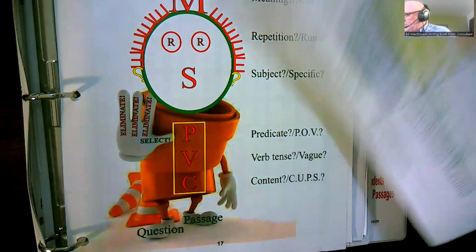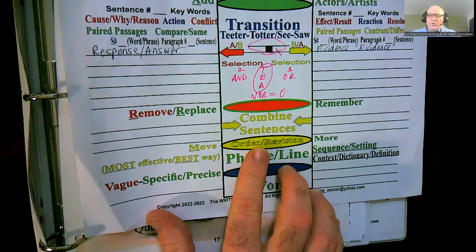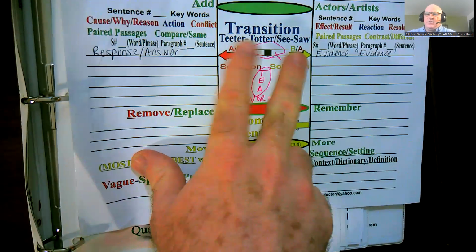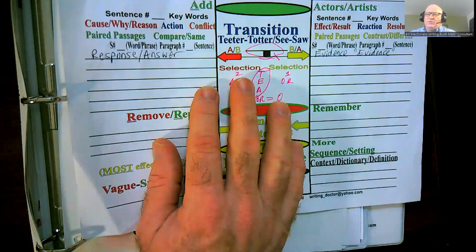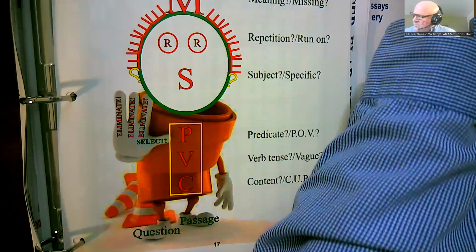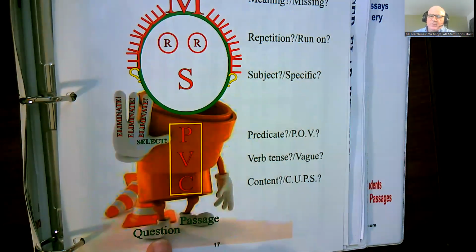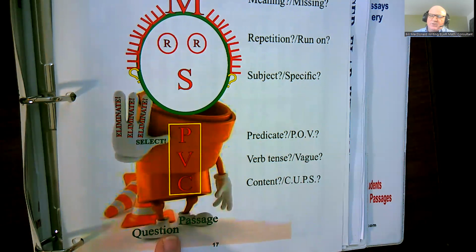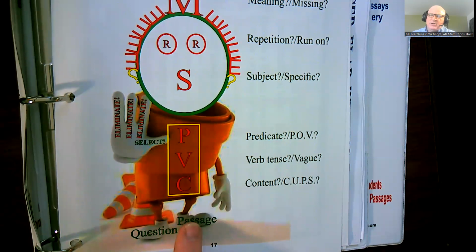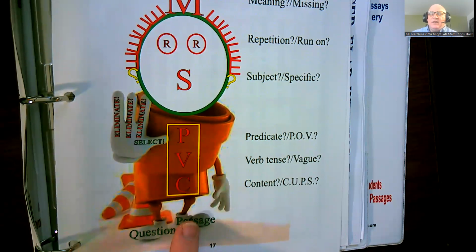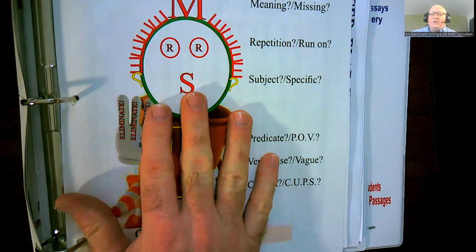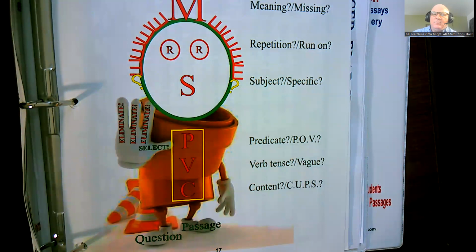Remember that from our last video, the order, the combining, the teeter-totter transition between two sentences or a phrase, you would probably want to say, let's look at some of the questions first, because if I only have to go to the passage, the selection, and read one or two sentences, then I should probably do the ones that have less content.